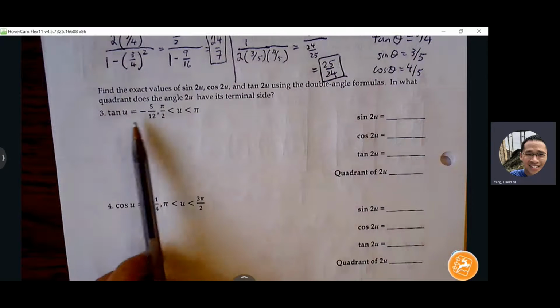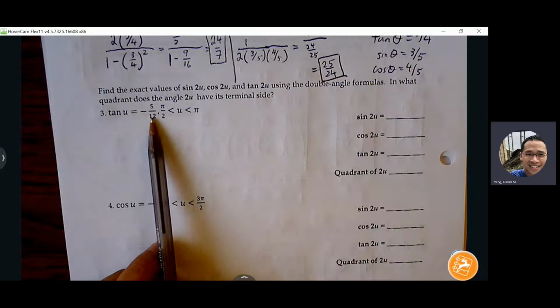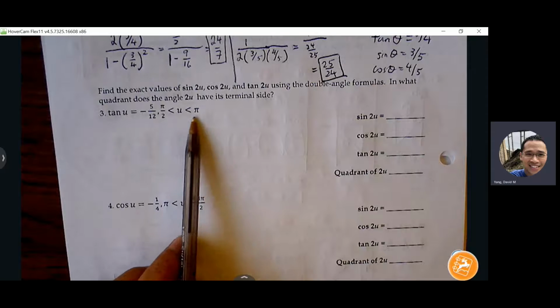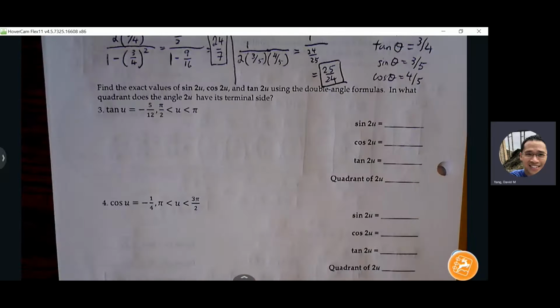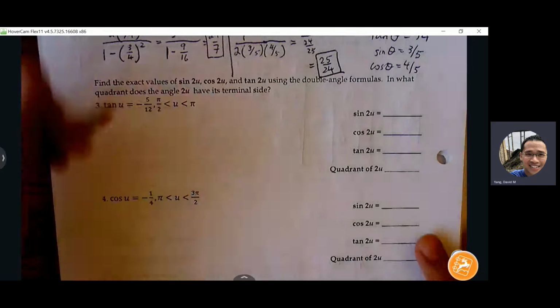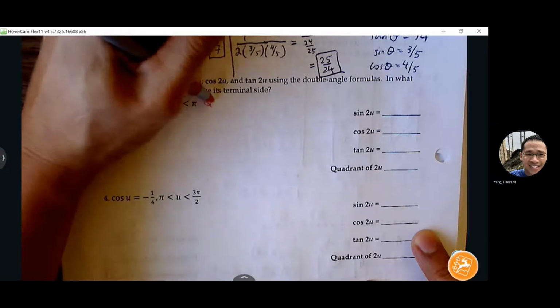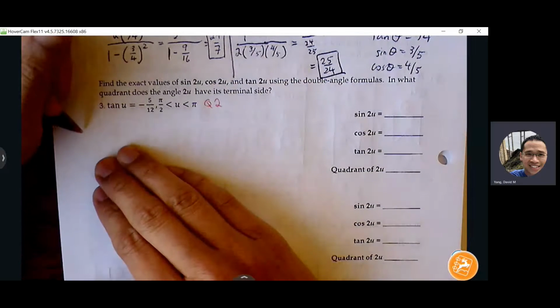So let's first figure out where to draw this triangle. Tangent of u equals -5/12. U is between pi/2 and pi. All right, where is angle u located? Second quadrant, okay? Between 90 degrees and 180 degrees, that's second quadrant. So let's draw our triangle in the second quadrant.